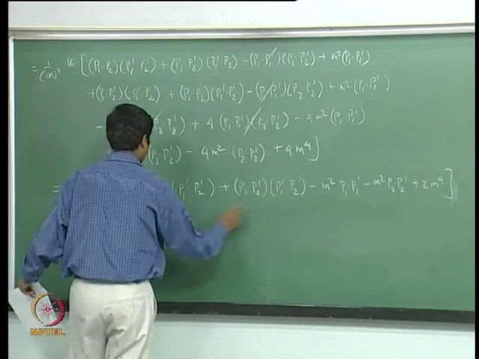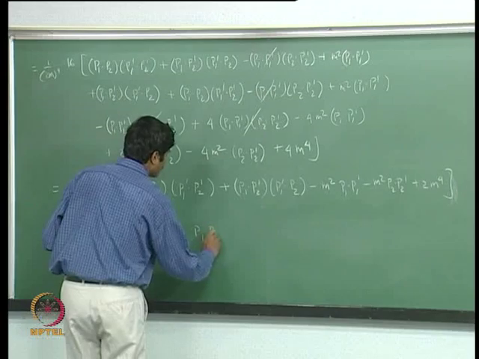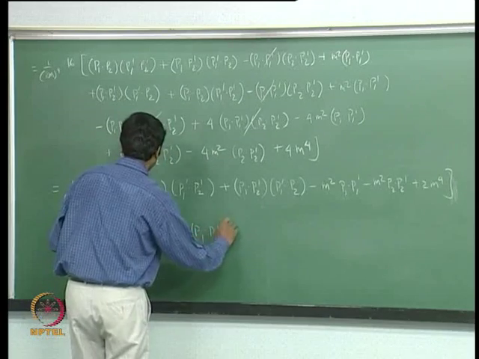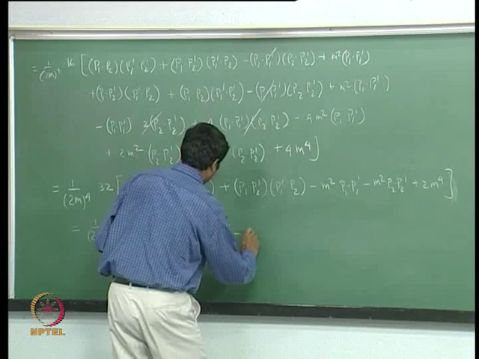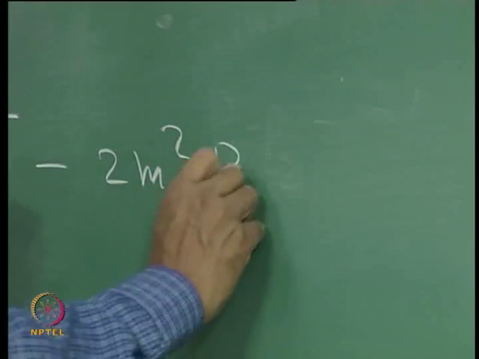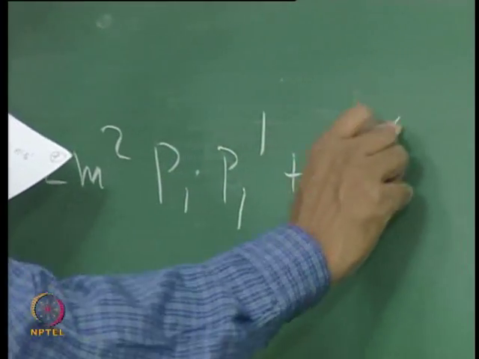Similarly, these two are equal. So what I will get is P1 dot P2 prime whole square, and these two will add up, minus twice m square P1 dot P1 prime plus twice m fourth.